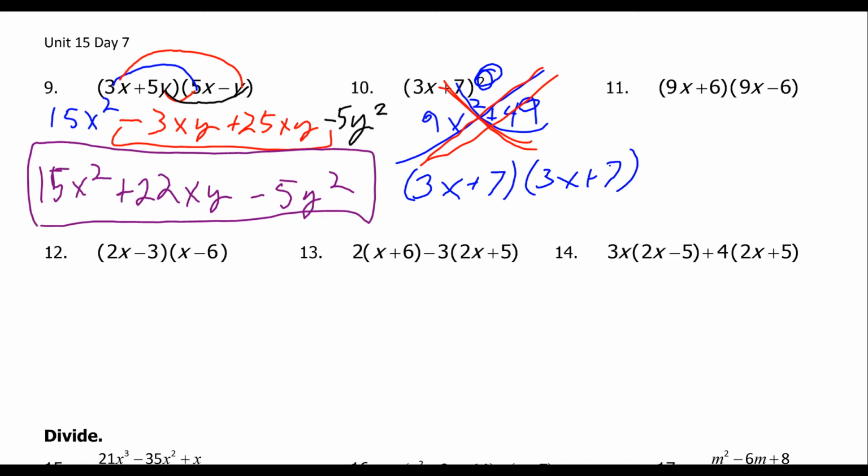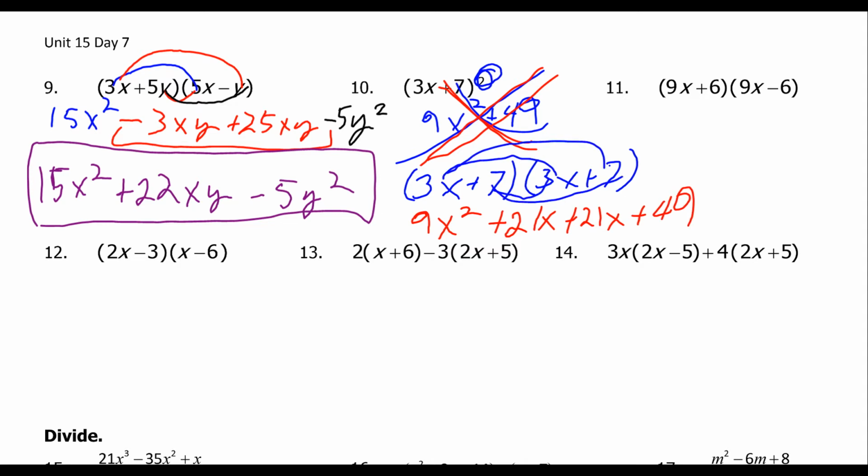And whenever we do this, we'll get 9x squared plus 21x plus 21x plus 49. Okay? And here's all the arrows that we need, like that.